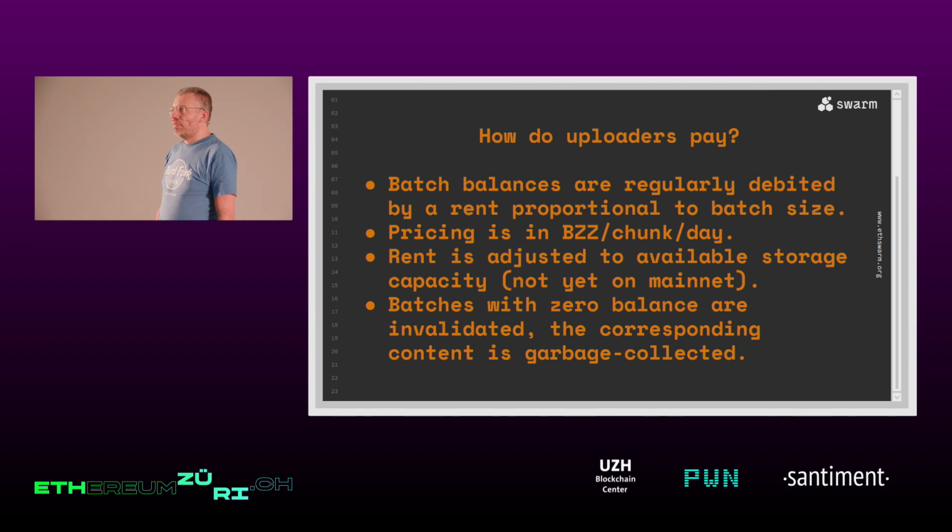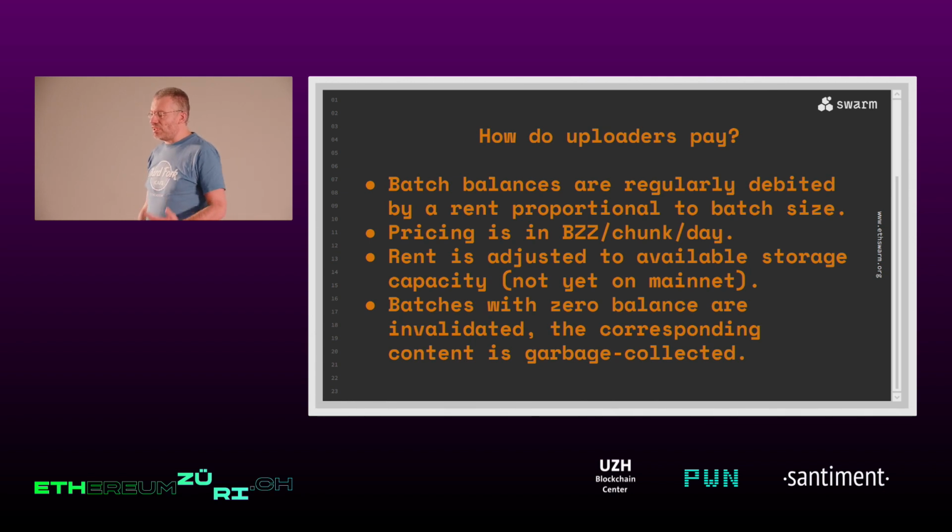And it only needs to look into the state of this contract to see whether the payment of this chunk is sufficient, because all these postage stamp batches have a balance associated with them, which gets regularly debited. So there's a rent that uploaders need to pay in order to keep data in Swarm.